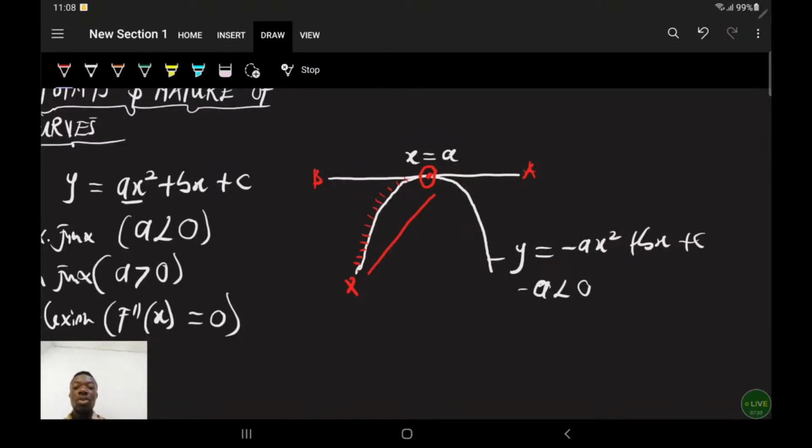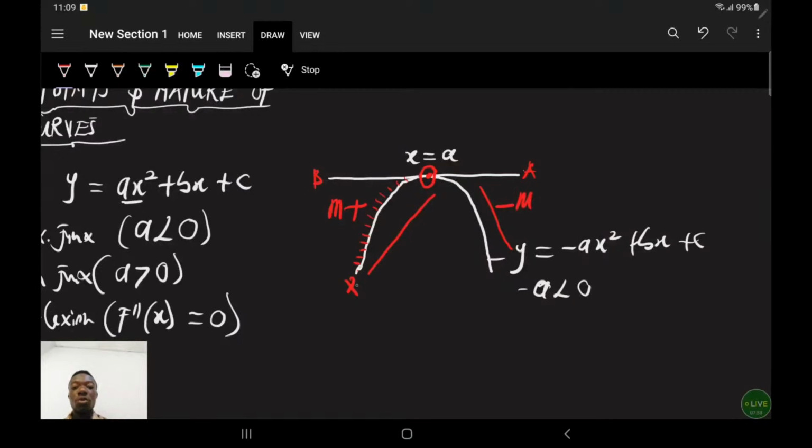Is that okay? So when you see any curve of this form, the gradient is going to be positive when you are moving from the left side of the curve to the turning point. When you get to the turning point and descend, the curve becomes something like this, and at this point the gradient becomes negative.